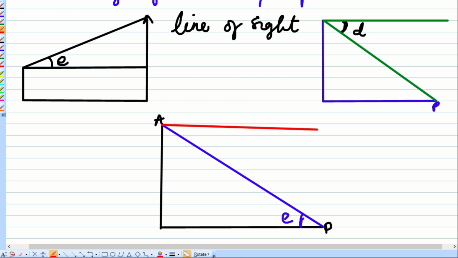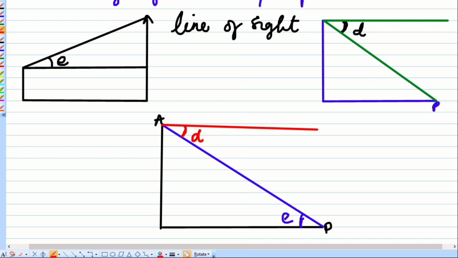So you see that the angle of depression now, since I'm looking down, the angle of depression will still be on that blue line. From the horizontal plane to that blue line is going to be my angle of depression, which is D. So what I'm just trying to pass across here is that from two common points, what's our points here now? Point A and point P.